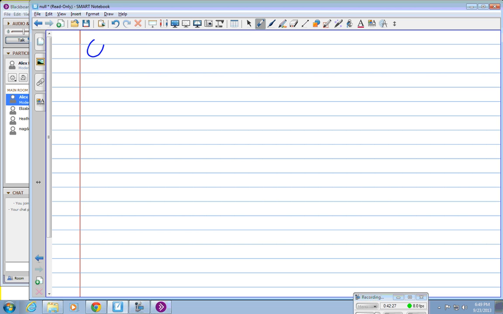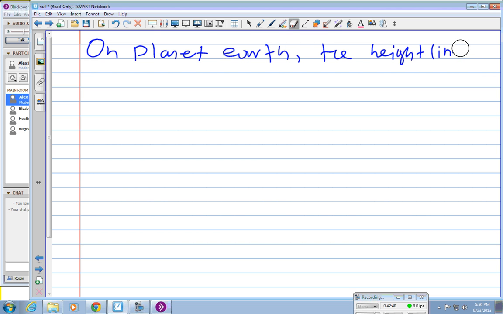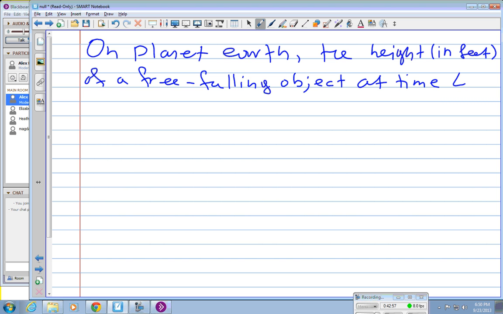So on planet Earth, the height in feet of a free falling object at time t, where t is measured in seconds, is given by this formula. s of t equals negative 16t squared plus v sub 0 t plus s sub 0.